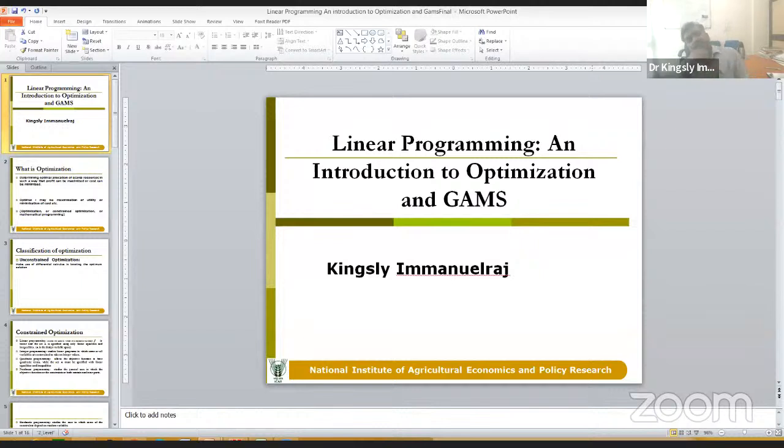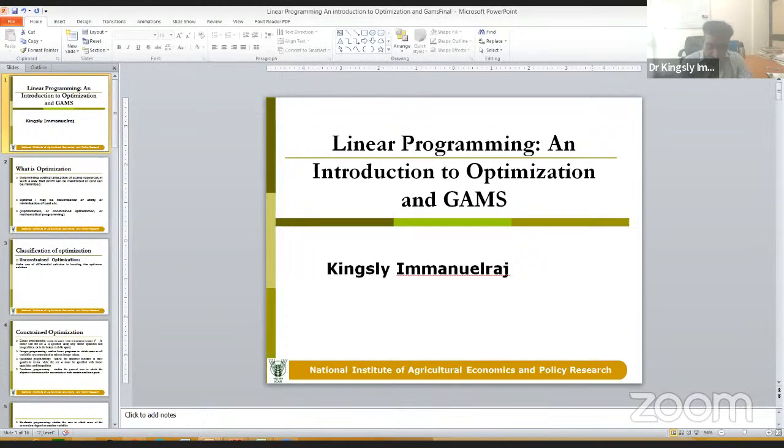So mainly here we are talking about constraint optimization. When it comes to optimization, there is constrained and unconstrained optimization. Maybe we might have studied it in your farm management. When the resources are not limited, then you go for unconstrained optimization.